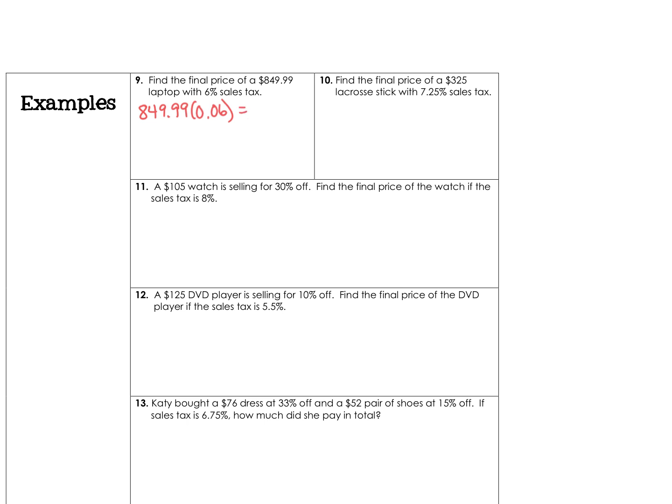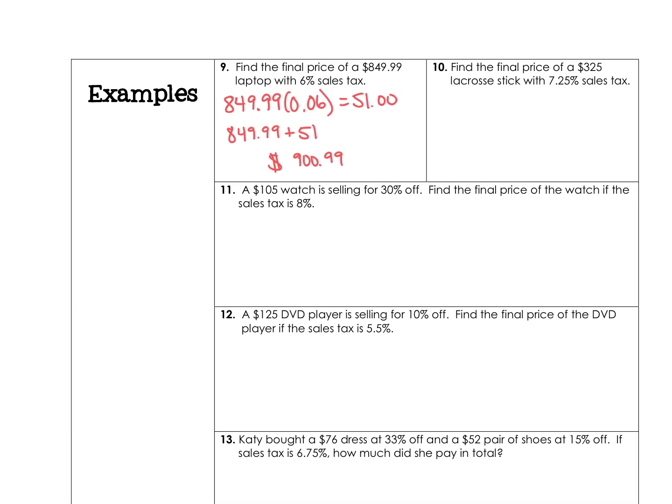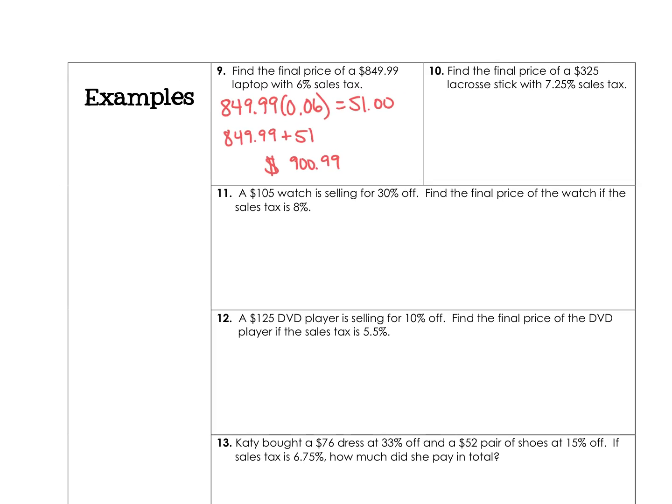This ends up being $51 as our tax. Because it's a sales tax, we pay that in addition to our price. So we add that $51, and our final selling price would be $900.99.